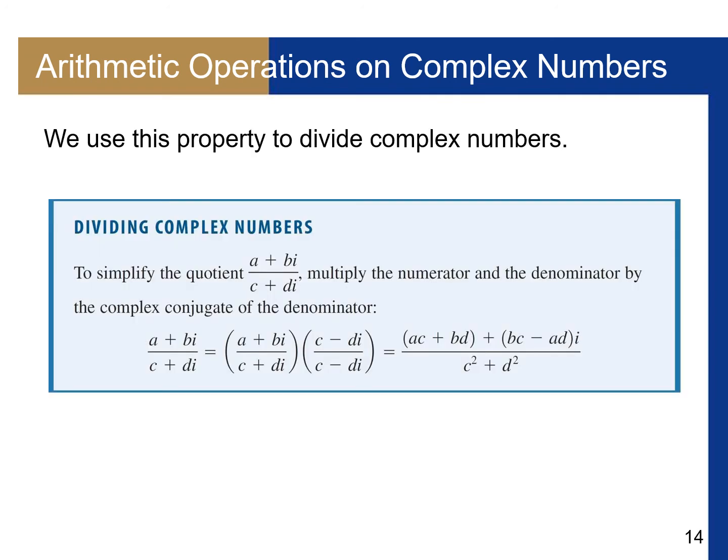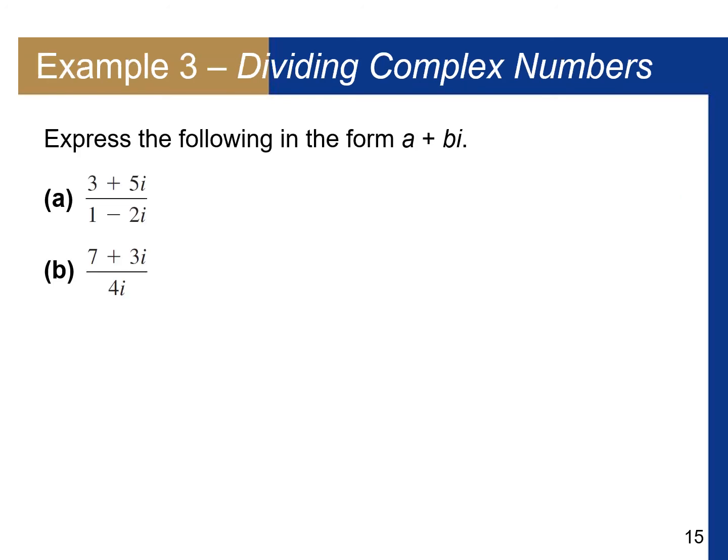So now what happens when you're dividing complex numbers? The first thing that you're going to want to do is look at your denominator and make sure you are multiplying the top and the bottom by the conjugate. So with that in mind, let's take a look here.